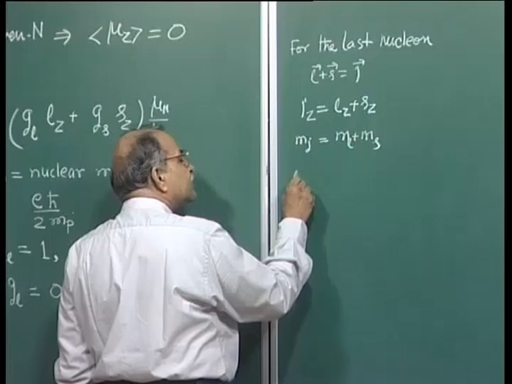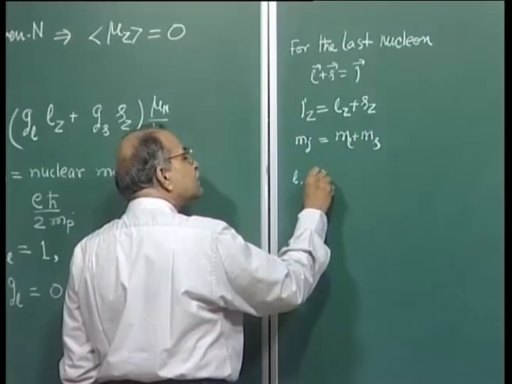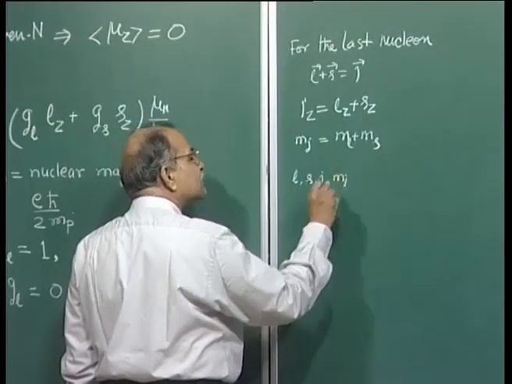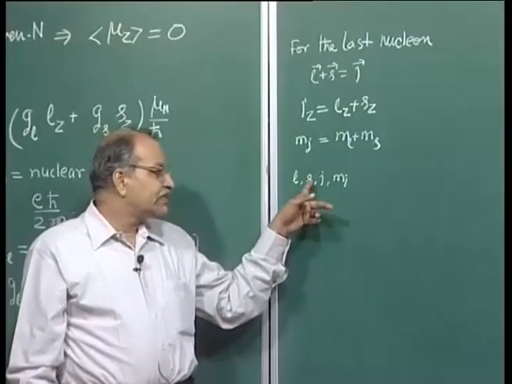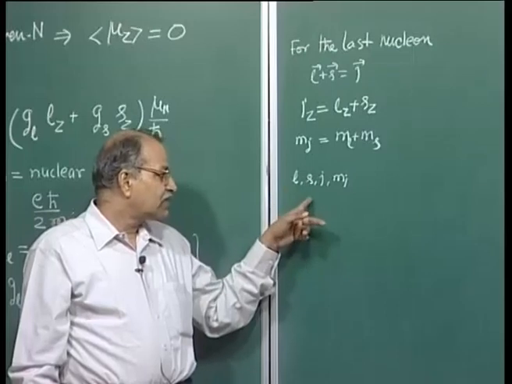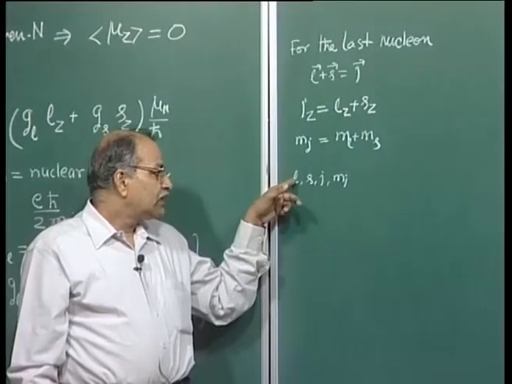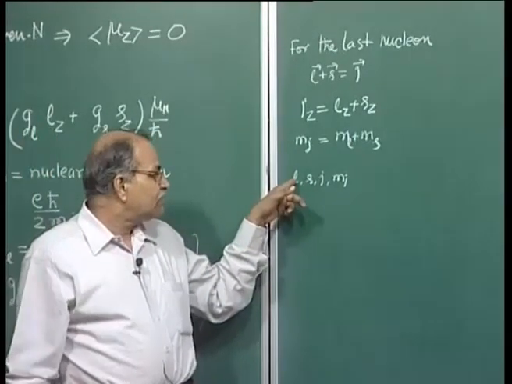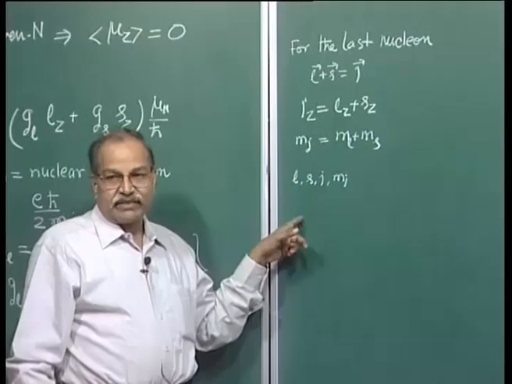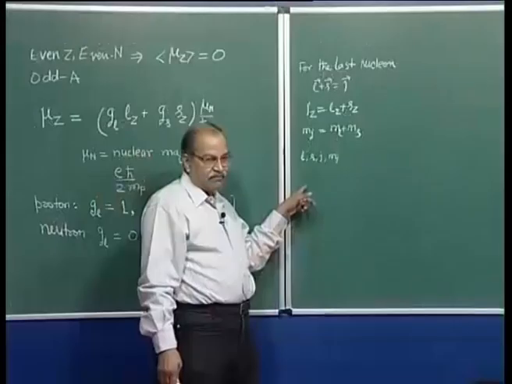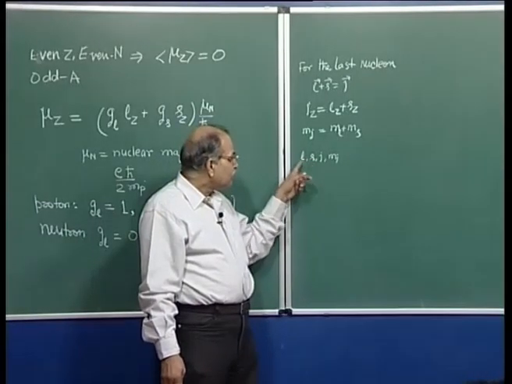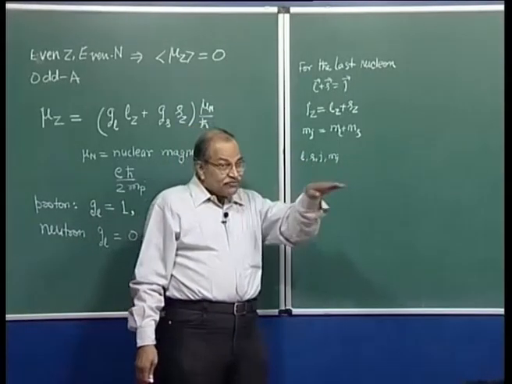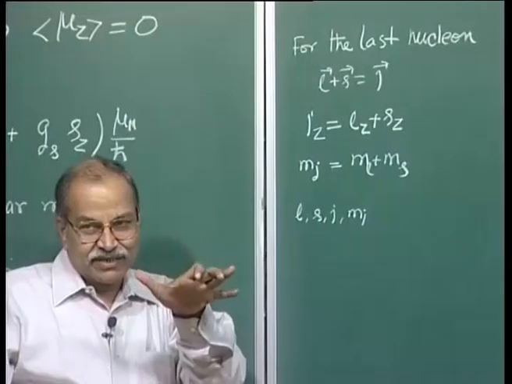So, L is there, S is there, J is there and Mj is there. S is anyway half, so Sz can be either plus half or minus half, depending on L. Ml can have any value from plus L to minus L in steps of 1, and the important thing is that this Ms or this Ml is not definite in that state, there can be a mixture.